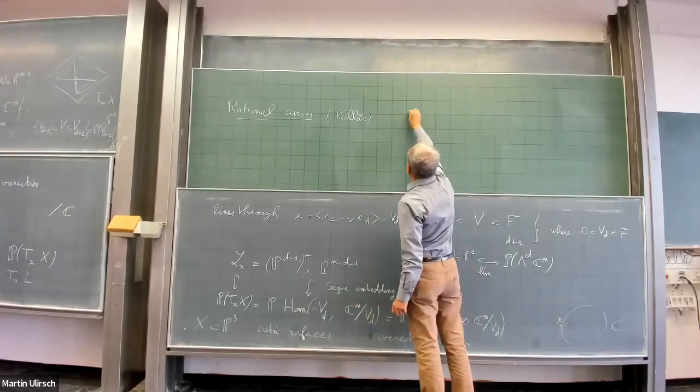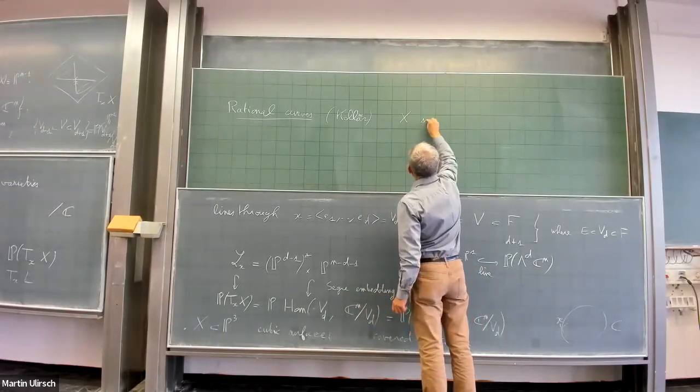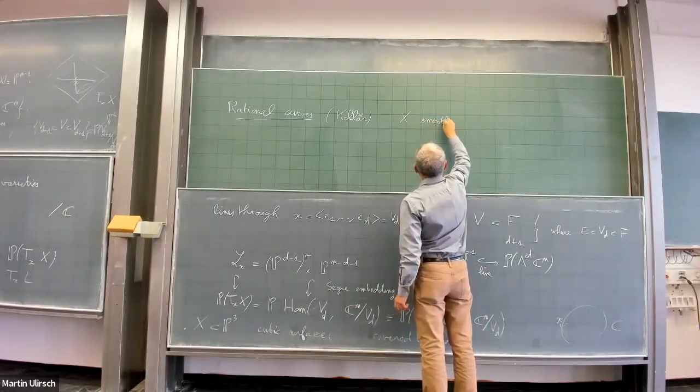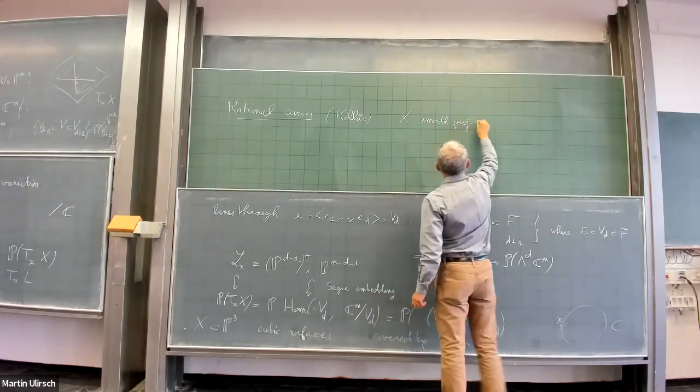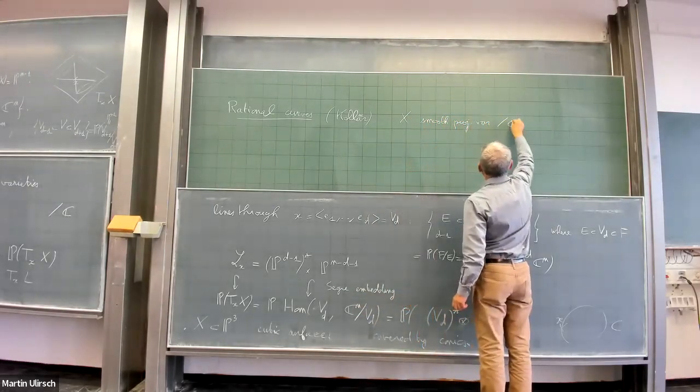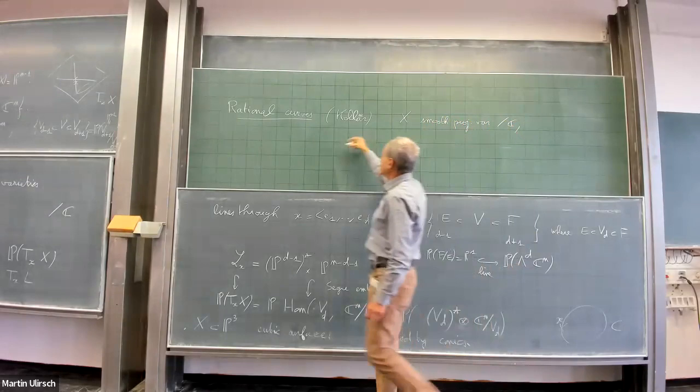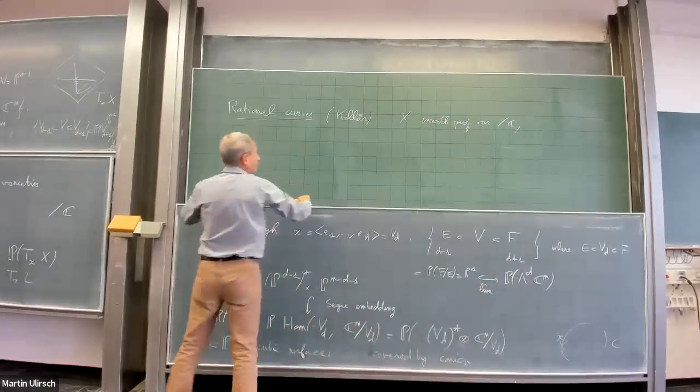So you fix again a smooth projective variety over the complex numbers, and you want to construct a moduli space for rational curves.